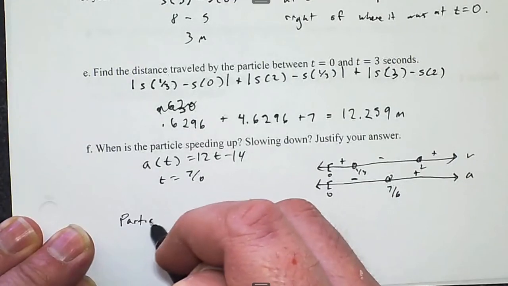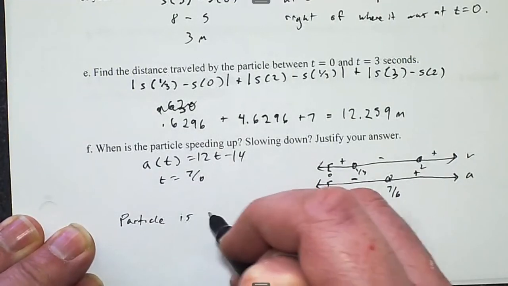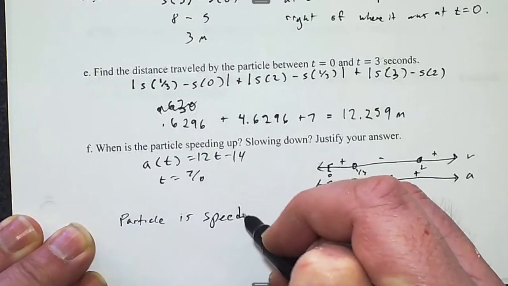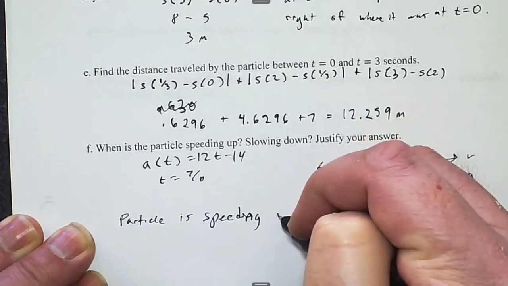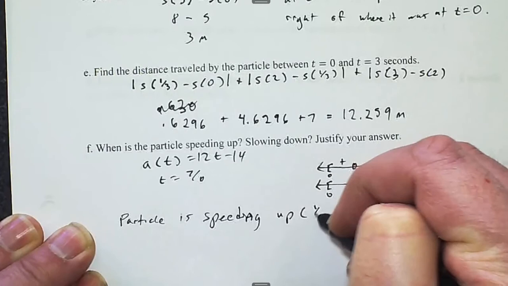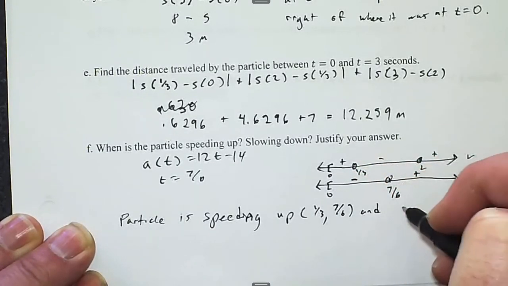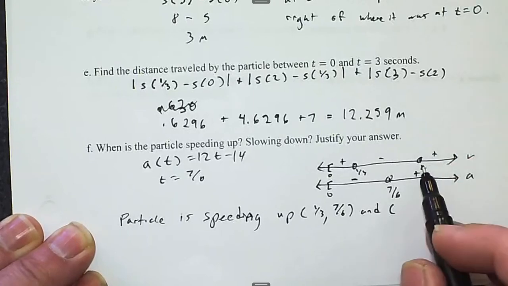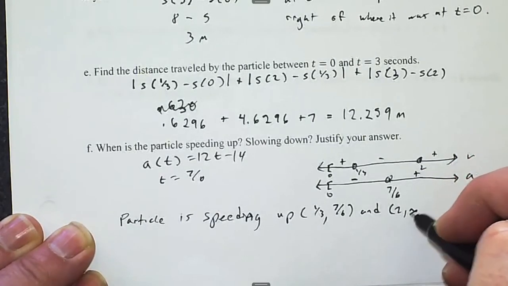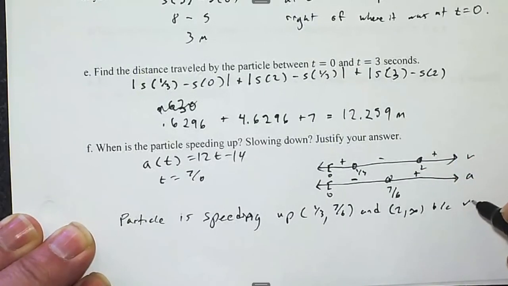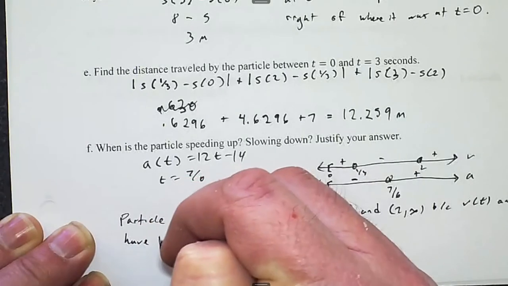So the particle is speeding up on the time interval from 1/3 to 7/6 and on the interval from 2 to infinity. Because velocity and acceleration have the same sign.